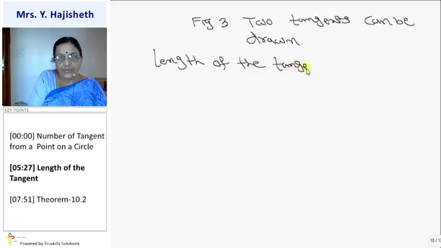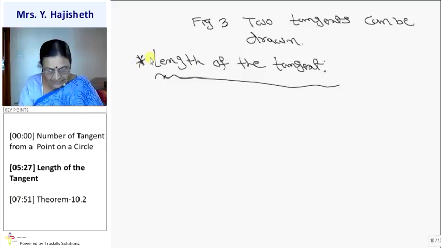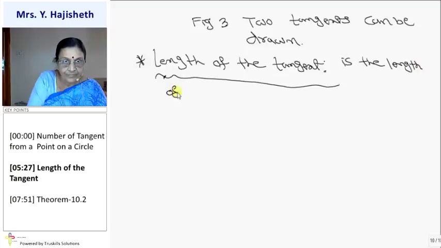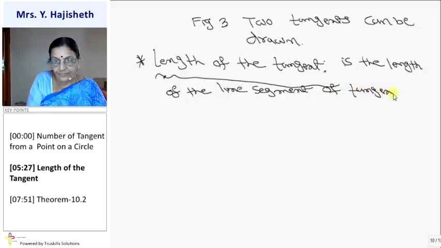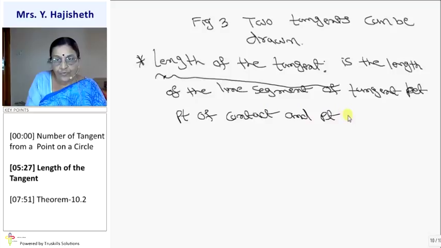I define the length of a tangent as the length of the line segment of the tangent between the point of contact and the point from where it is drawn.